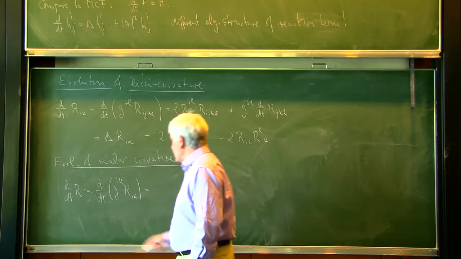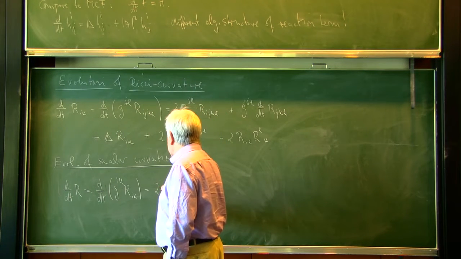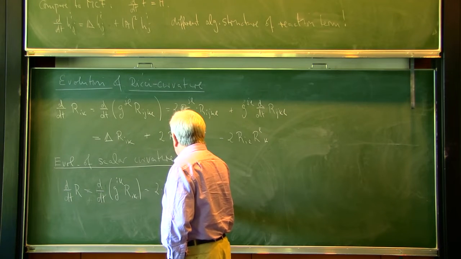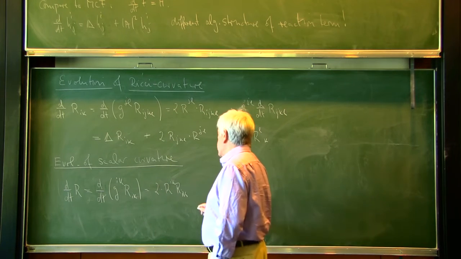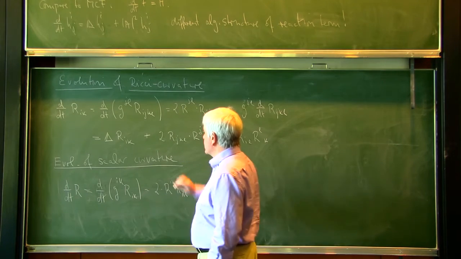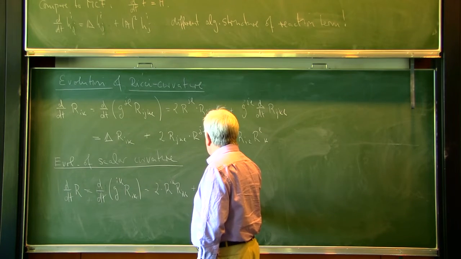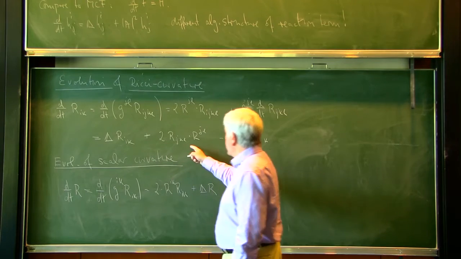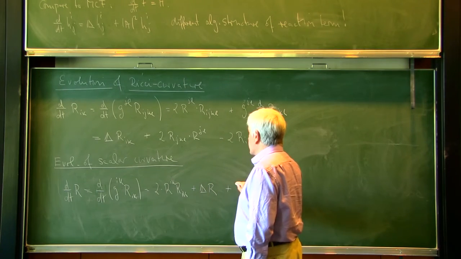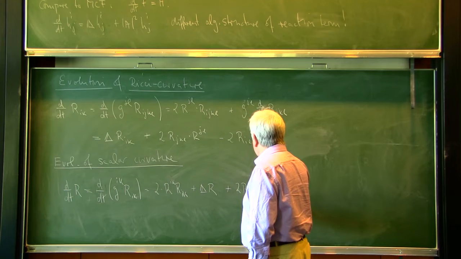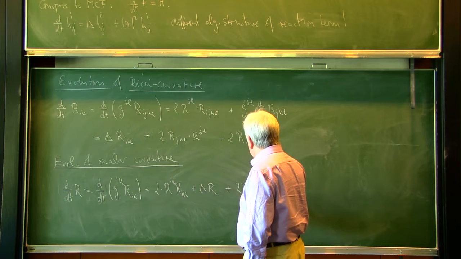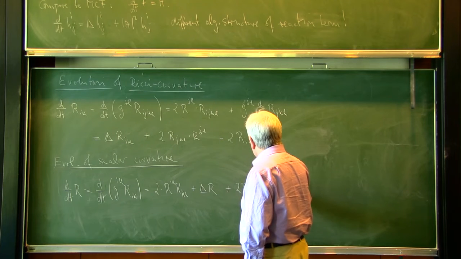So we get from here a 2 times Rik times Rik, plus the trace of this equation, which is the Laplacian of R, and the trace taken here is plus 2 Rik Rjl, which is of course the same.